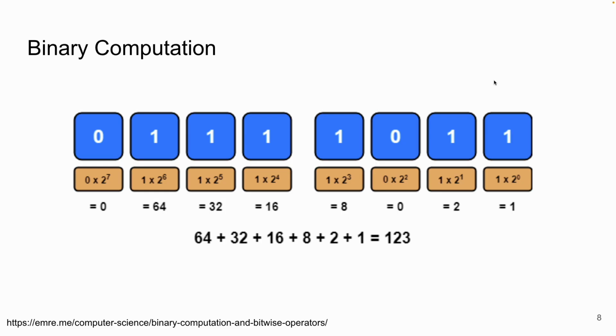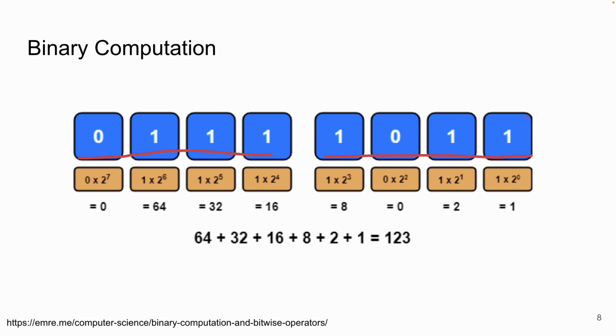So how do we calculate and understand the value in the binary format? Here is a picture to tell you how to calculate a binary number. We can convert the binary number to a decimal number. Let's assume that we have this binary number here, that is 0, 1, 1, 1, 1, 0, 1, 1.